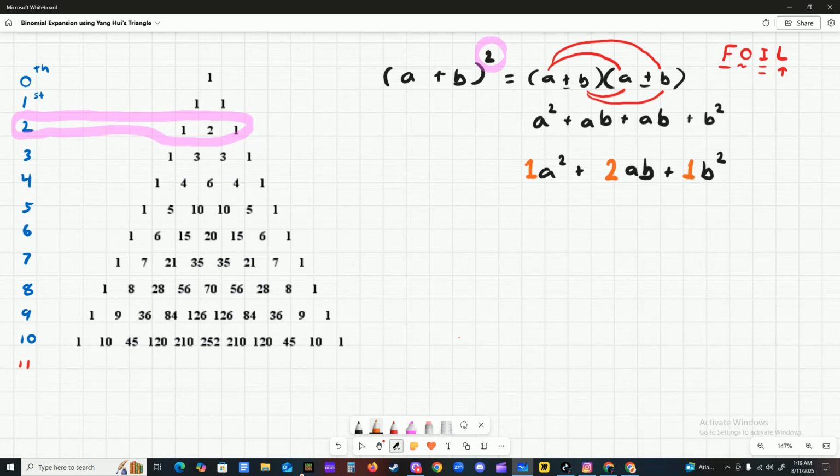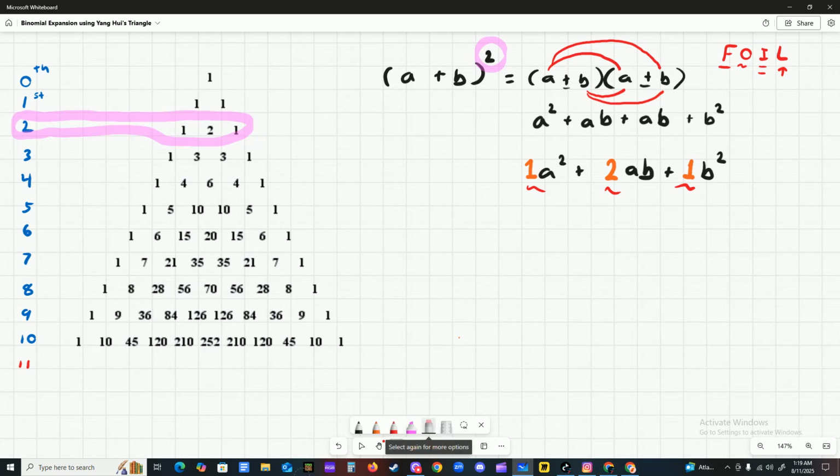Now, if you look at the second row, you can see that the orange terms match the numbers on the second row, 1, 2, 1. Look at that. That's why this triangle is useful because it keeps track of the terms for us. Okay?